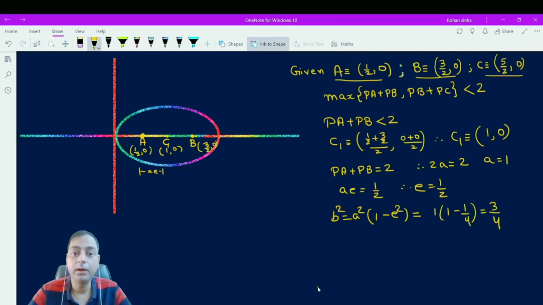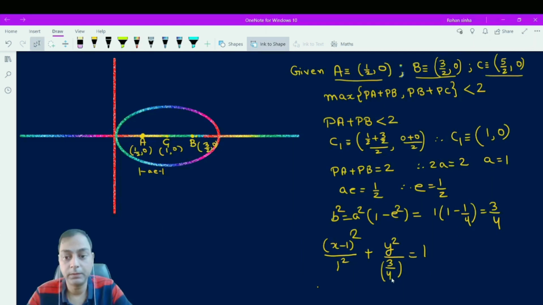So what is the equation of the required ellipse? The equation of the required ellipse is (x − 1)²/1² + y²/(3/4) = 1, because the center is (1, 0).